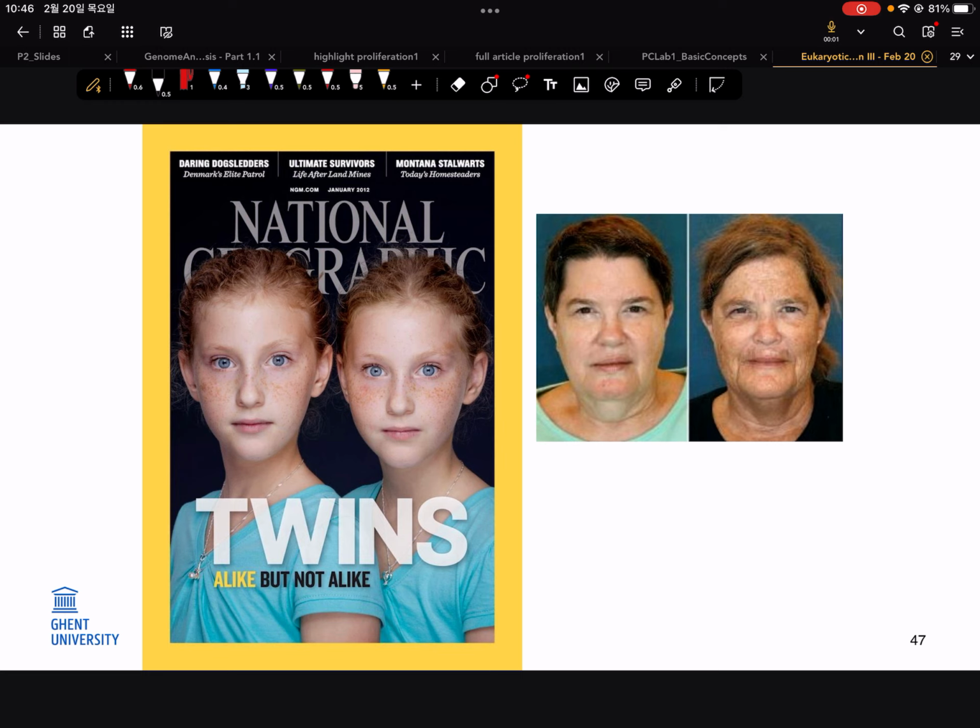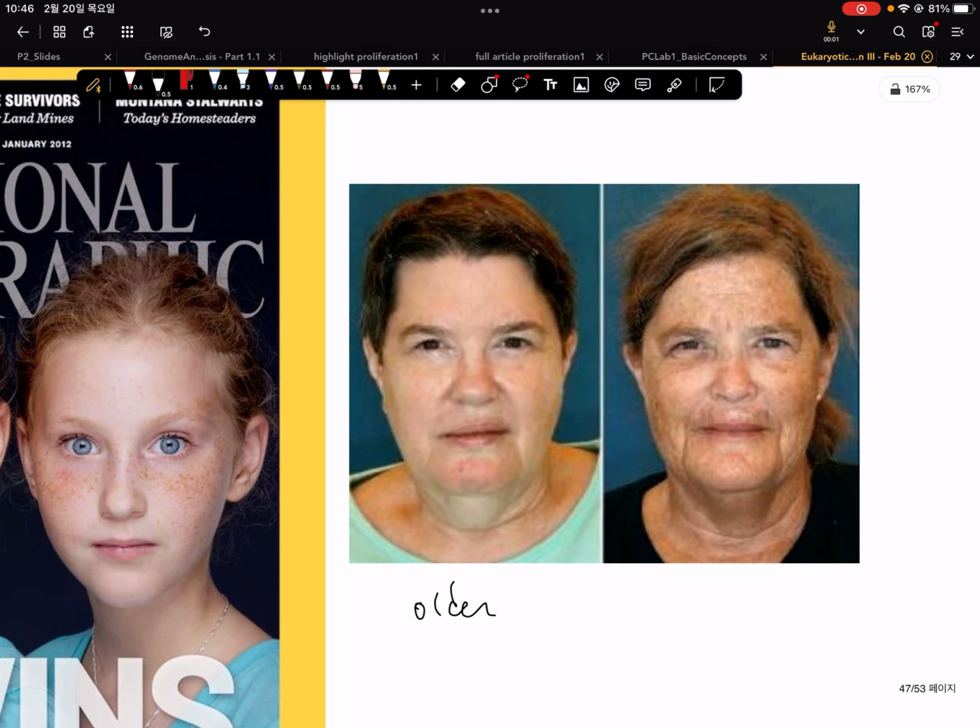But over time, the older they get, the more different they are. Genetically, they are of course still identical, but epigenetically, they are different. So the older they get, the more you see the effects of the epigenetics. The more you see that the environment has interacted with that genome, and leads to different phenotypes.